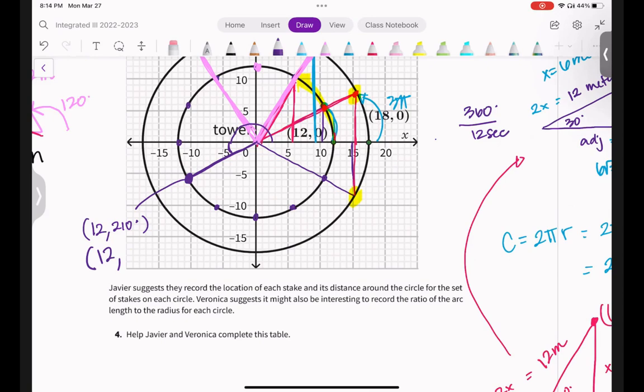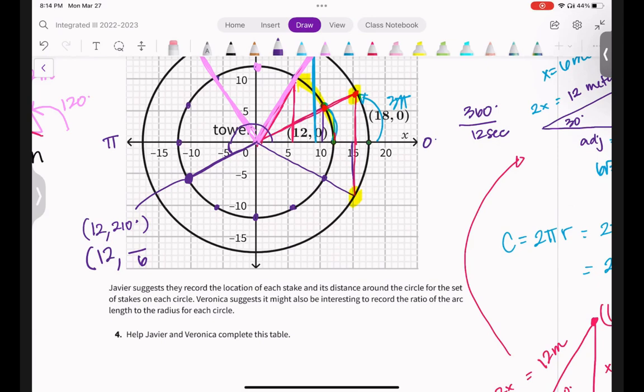Because this is 30 degrees, I know that the denominator for 30 degrees is 6. You'll learn this too later. But I also know that this whole thing right here is a pi. This is 0 over here, and this is pi over here.